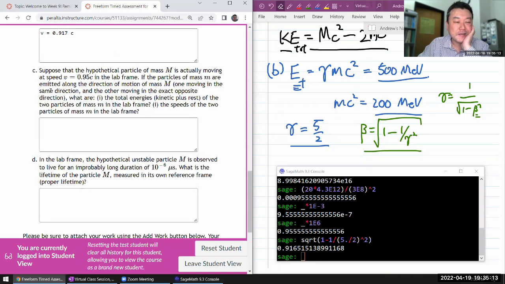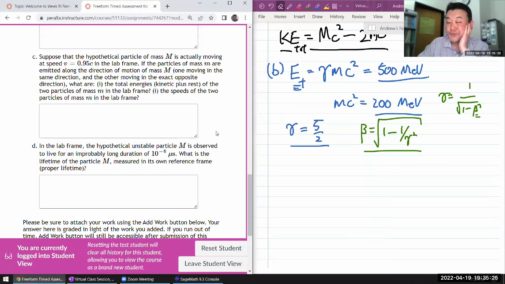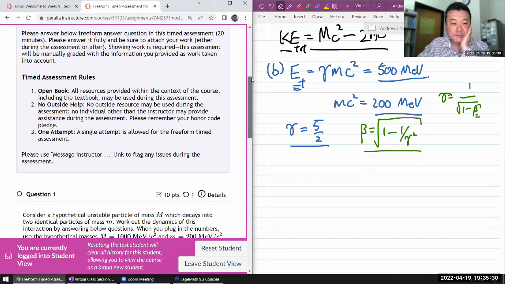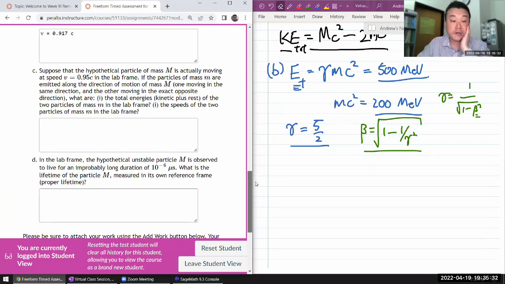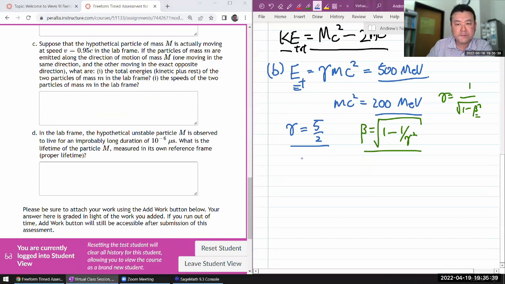Okay, suppose that the hypothetical particle of mass m is actually moving at that speed in the left frame. The particles of mass m are emitted along the direction. What are the total energies? So this is a Lorentz transformation question. It's one of the ways that I would like you to learn how to handle special relativistic dynamics, which leans rather heavily on the knowledge that this quantity forms a four vector.